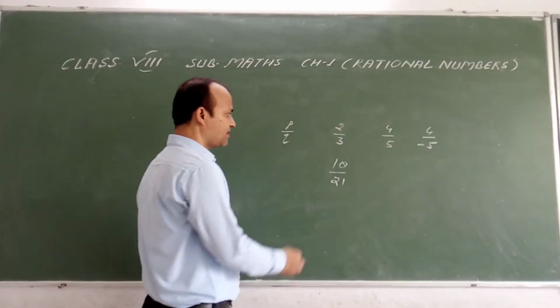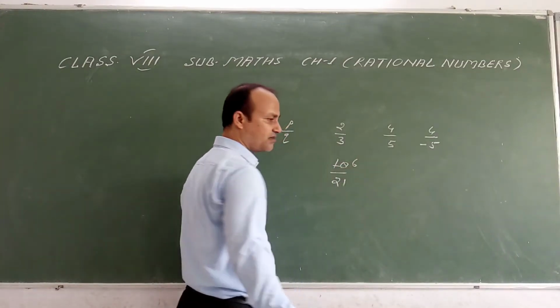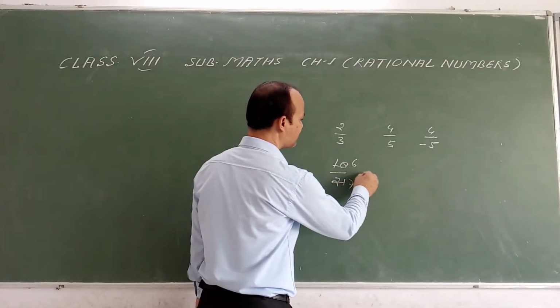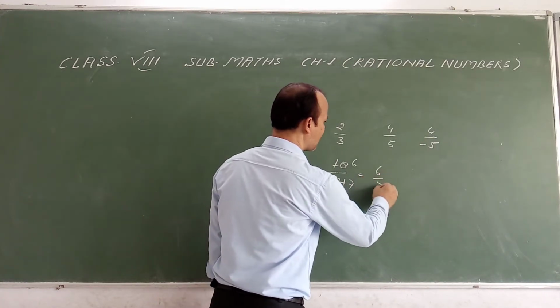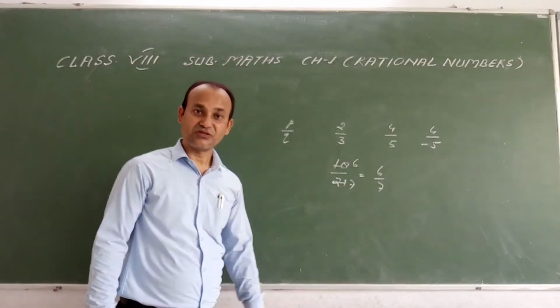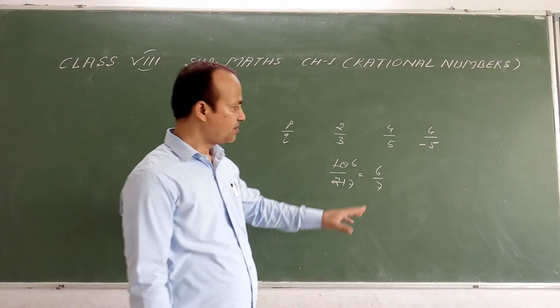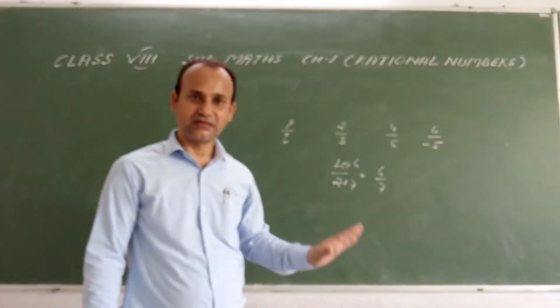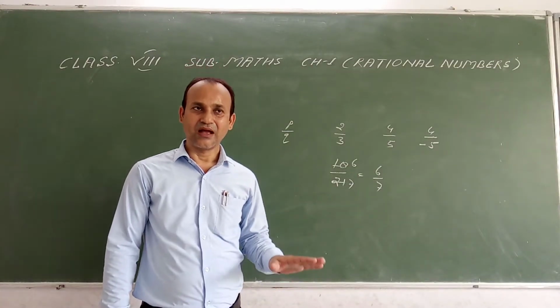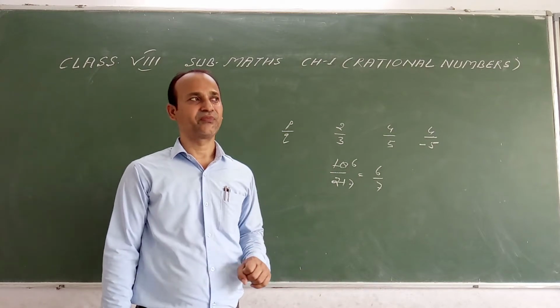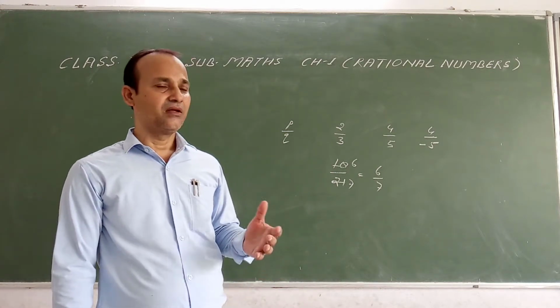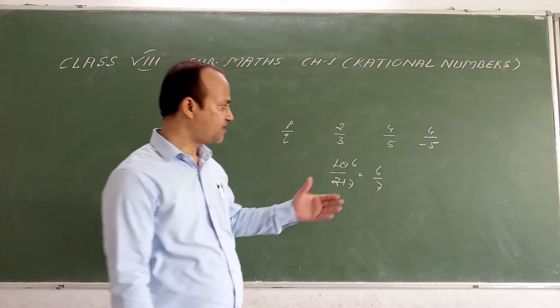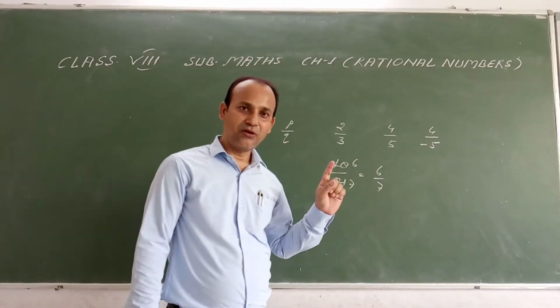We can cancel it by 3: 3 sixes are 18 and 3 sevens are 21, which gives 6 upon 7. Now 6 upon 7 is in standard form and it's a rational number. Means to say, the common factor of 6 and 7 will always be 1.